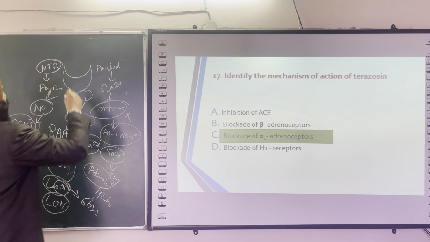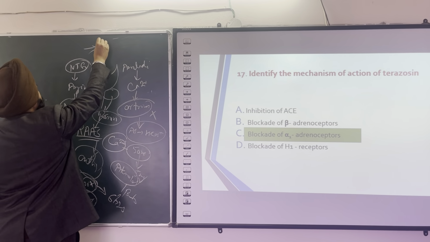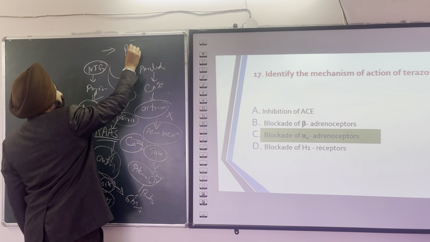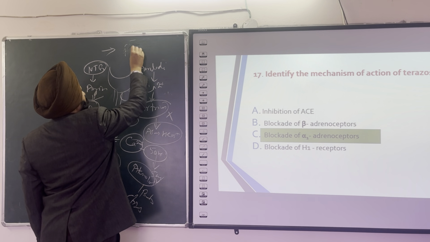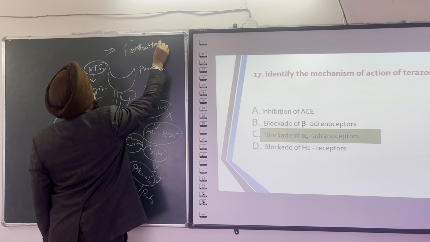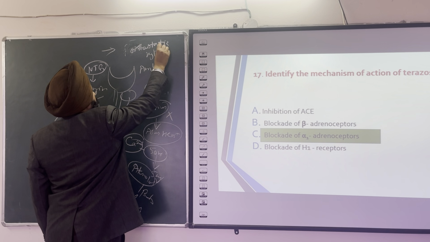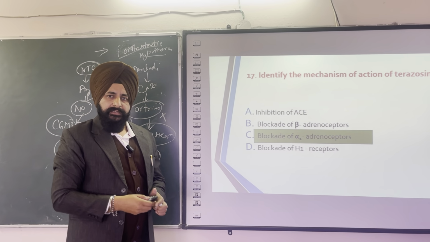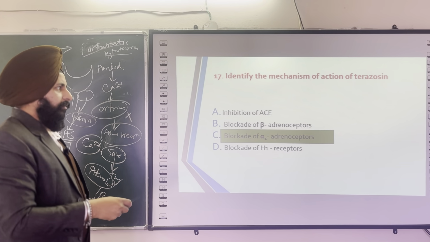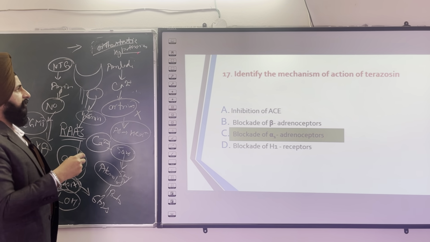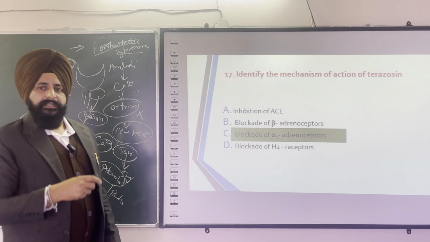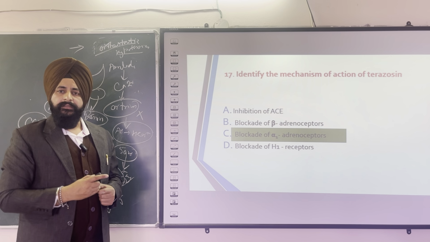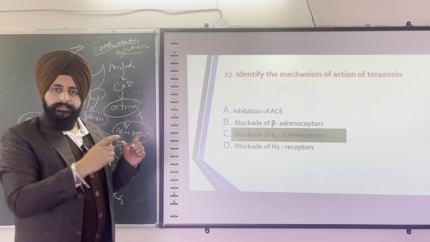So there could be another option for you, that is doxazosin, and prazosin and doxazosin are alpha 1 blockers, and they cause postural hypotension, which is called orthostatic hypotension. So this can be another option in the GPAT, that which receptor blockers are responsible for orthostatic hypotension, that are called prazosin and doxazosin, which are alpha blockers. The third option can be in the GPAT, which drug produces a first dose effect in the body.